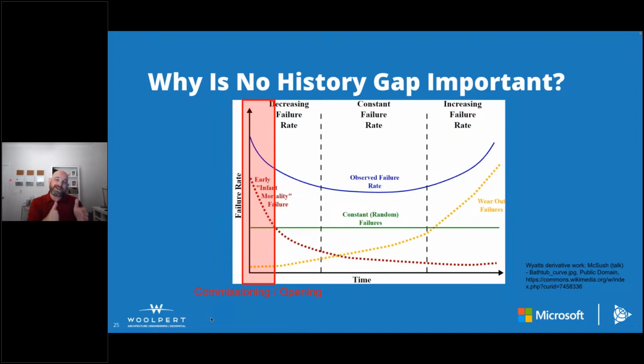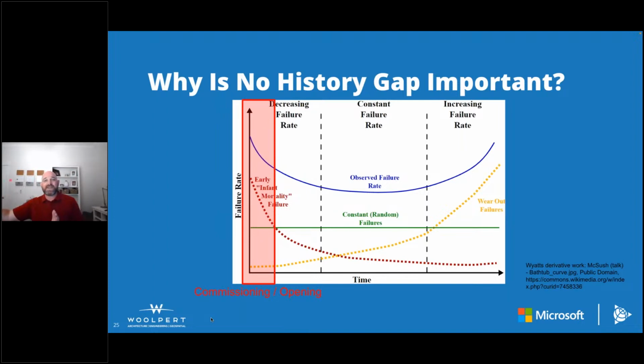But this is critical because that higher in the beginning, often for a lot of organizations, is a time period where they have not gotten the data from their project yet. They do not have it in their enterprise asset management systems. And so they don't really have a good ability to capture the issues and events and failures and service requests that are happening in this high volume period.